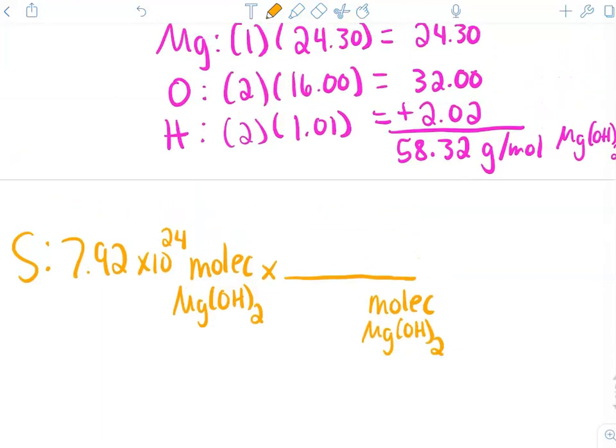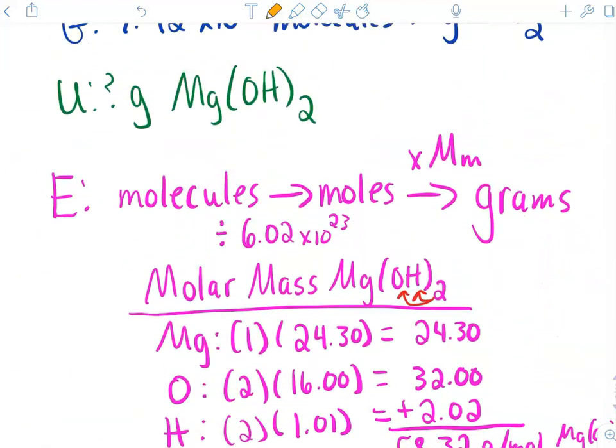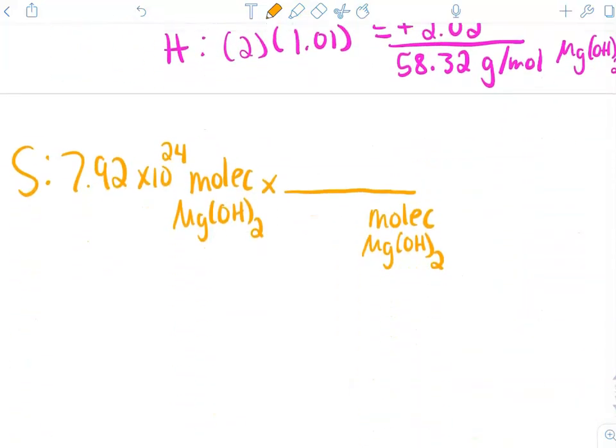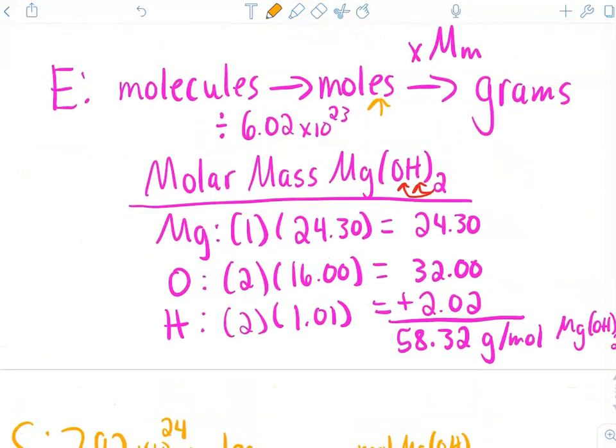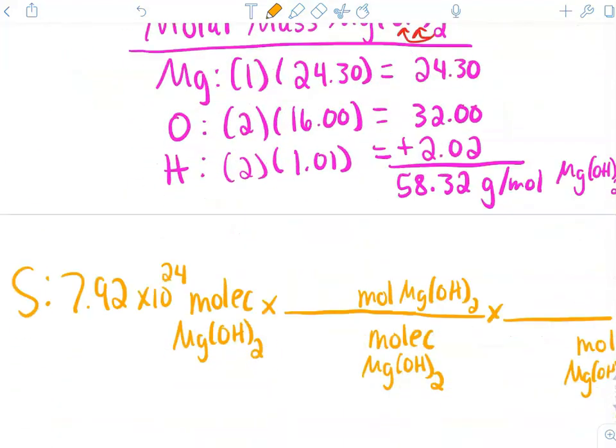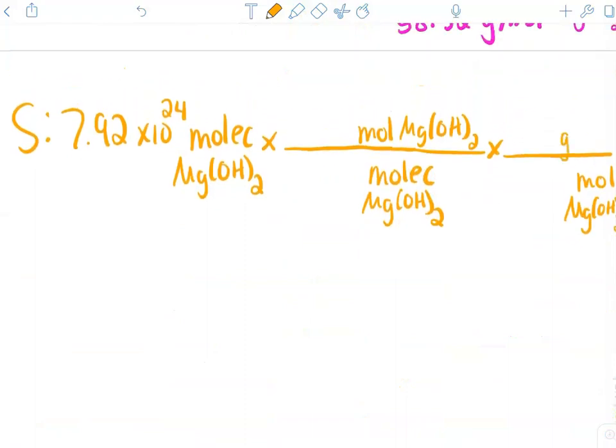And the thing that we're trying to get to, which in this case is going to be moles, will go on the top. And then if mole is on the top, mole has to be on the bottom. And then the thing that we're trying to get to, which in this case is going to be grams, will go on the top.